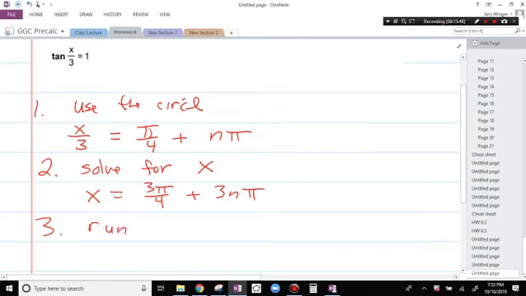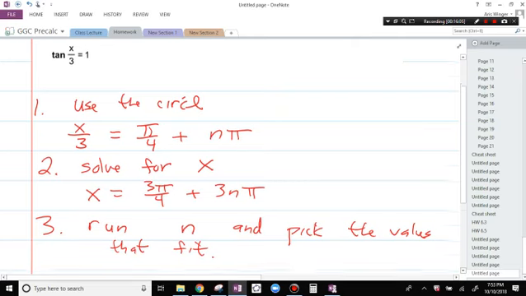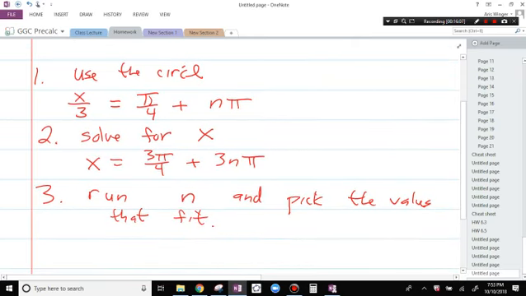Run n in and pick the values that fit. When n is 0, then you get x is equal to 3 pi over 4 plus 0, which is 3 pi over 4.